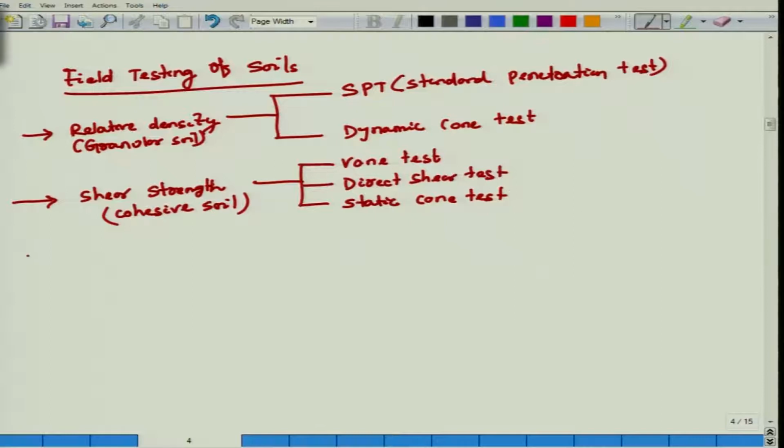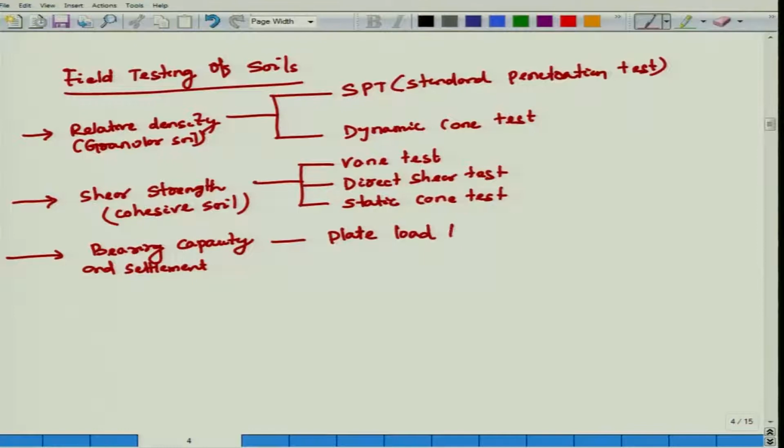Then bearing capacity and settlement. This is your plate load test. Then permeability, boreholes and piezometer test.